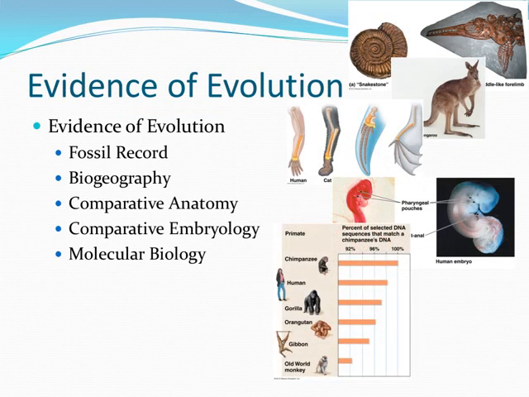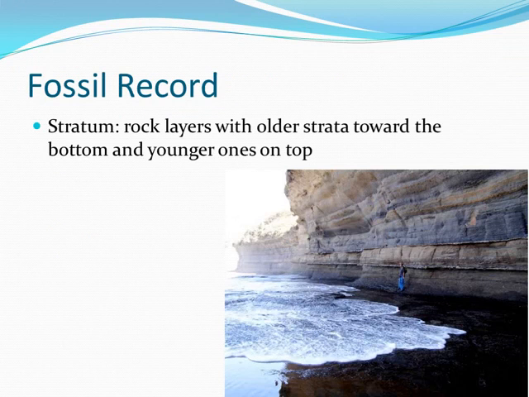So the very first one will be fossil record. And before we go into fossil record, we've got to first understand what strata are. Strata, or stratum singular, are these rock layers that you see even in this picture here. And those that are lower down, these rock layers that are lower down here, notice the layers like this.